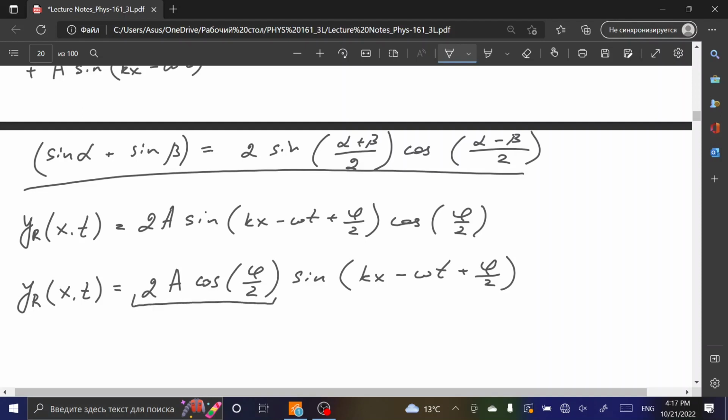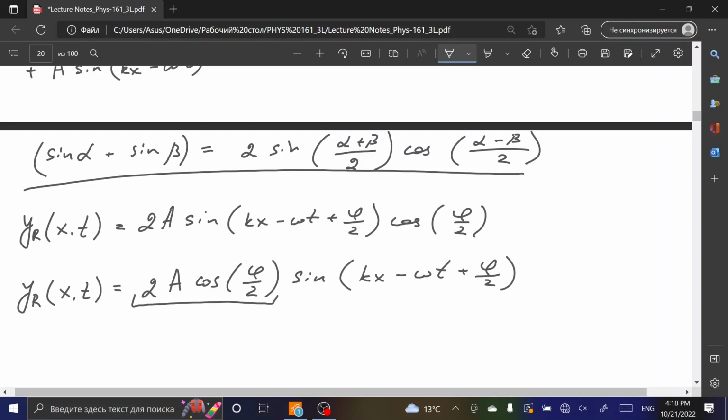So here we have the amplitude value, which is a function of the phase shift phi, and this is pretty similar to what we had before. We have the same frequency, it doesn't change. However, the amplitude is changing, and it becomes a function of the initial phase shift between the two waves.